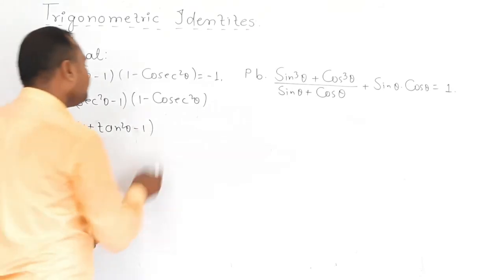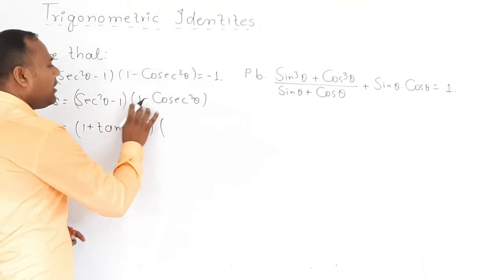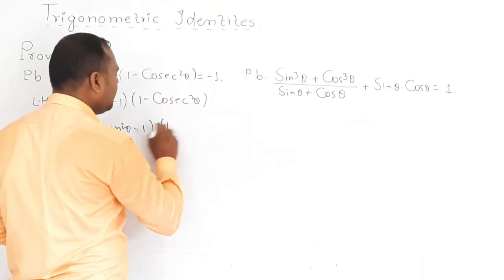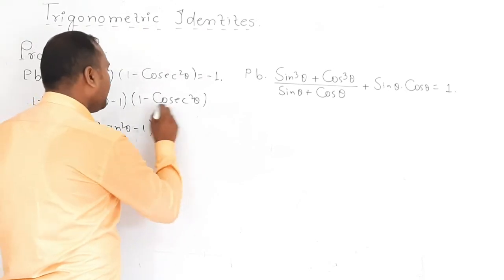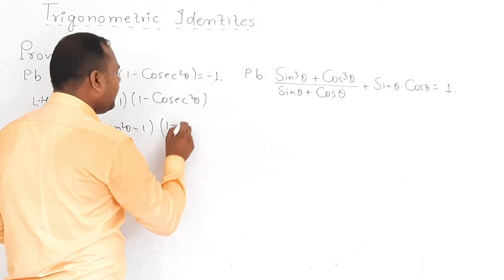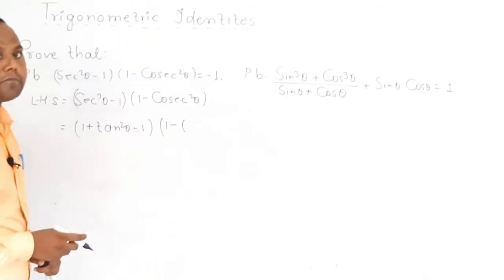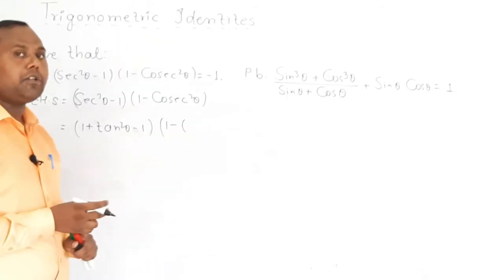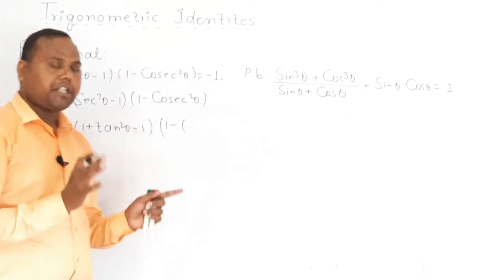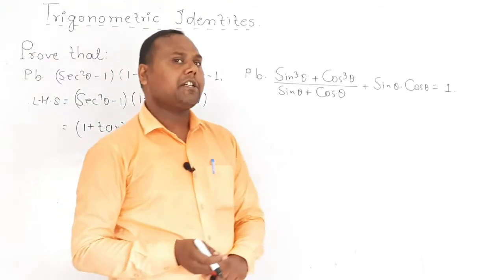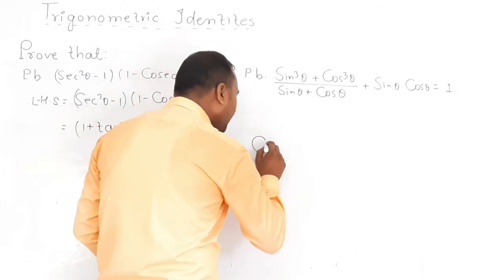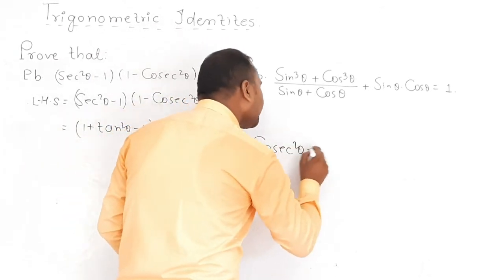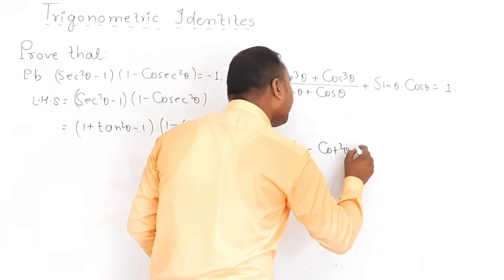And after that, 1 − cosec² θ. 1 − cosec² θ means, using the formula cosec² θ − cot² θ equal to 1, that means utilize the formula.